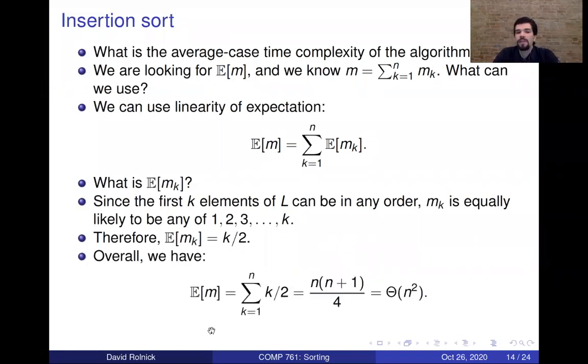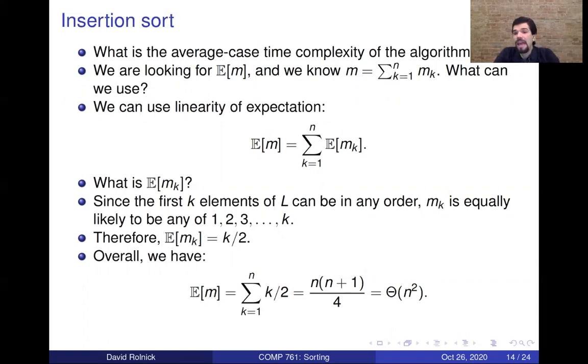And so the expected value of m is the sum of all of these expected values, which are just k over 2. So we have the same thing as before, only divided by 2. It's n times n plus 1 over 4 instead of n times n plus 1 over 2, because it's k over 2 instead of k. But that's still theta of n squared.